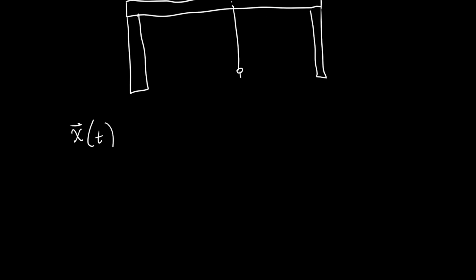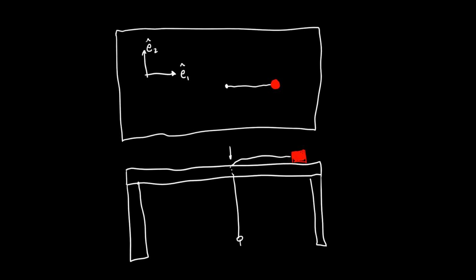So I can write my position vector as x1 of t, the piece of the vector which lies in the e1 direction, plus x2 of t, the piece which lies in the e2 direction, e2 hat. Where of course our position vector is this vector. I'll use blue here. This is x. It's my position vector.